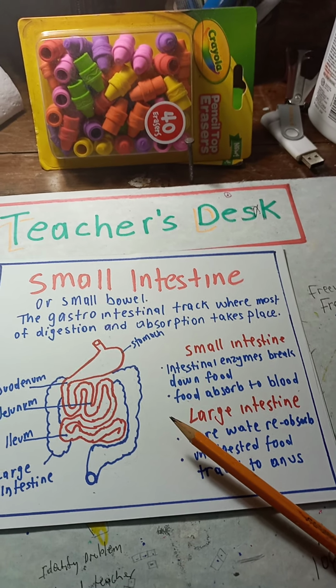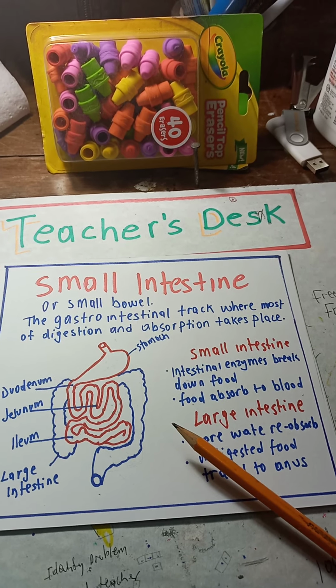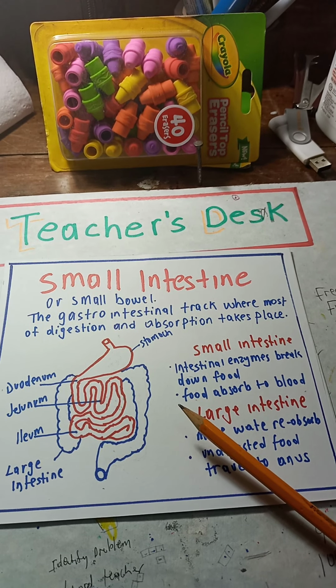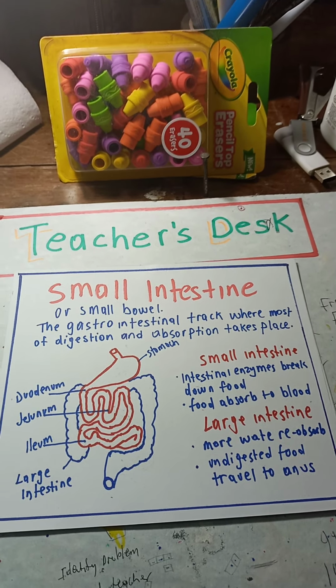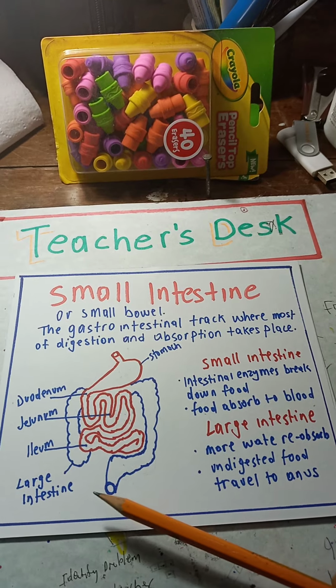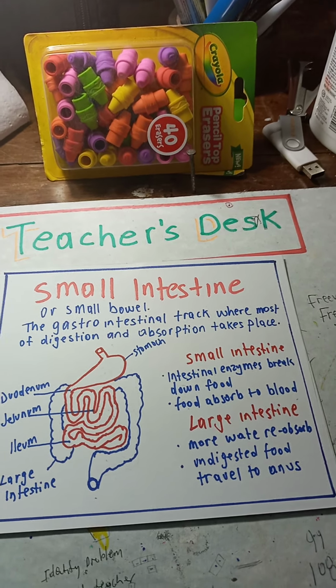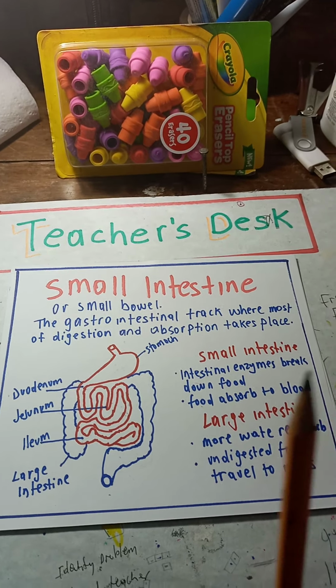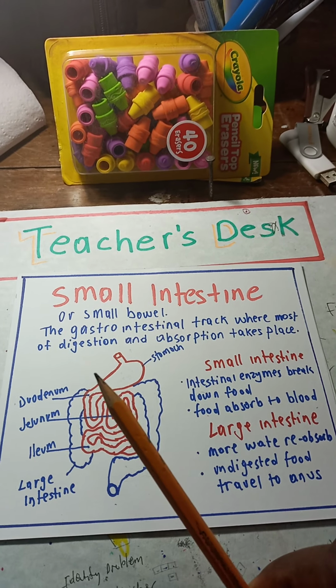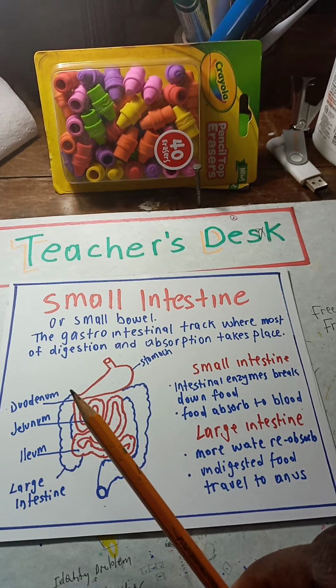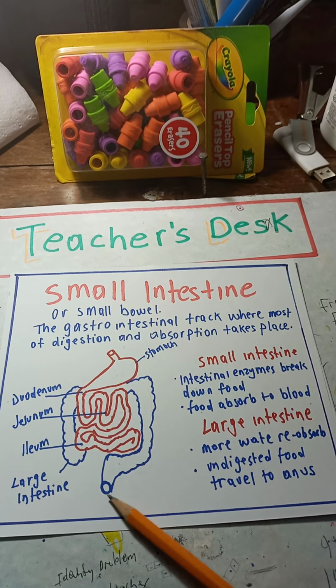So the small intestines break down food and absorb food. The large intestine now is where the undigested food travels. Does absorption take place in the large intestine? Yes. Salt and water are absorbed in the large intestine, and then the rest goes out through your anus.